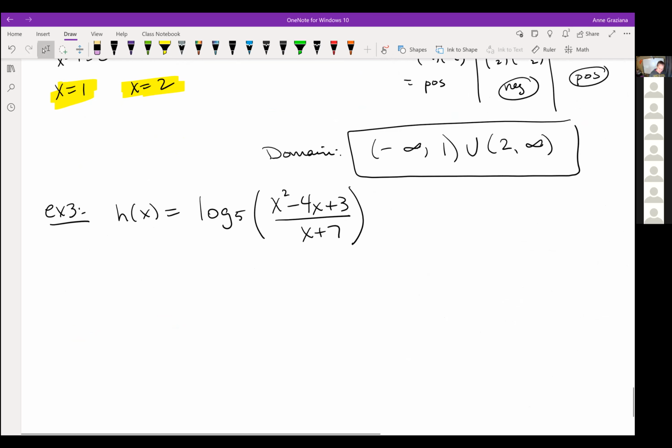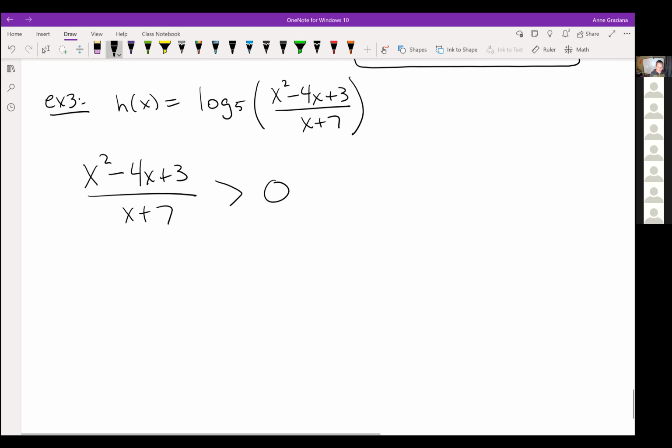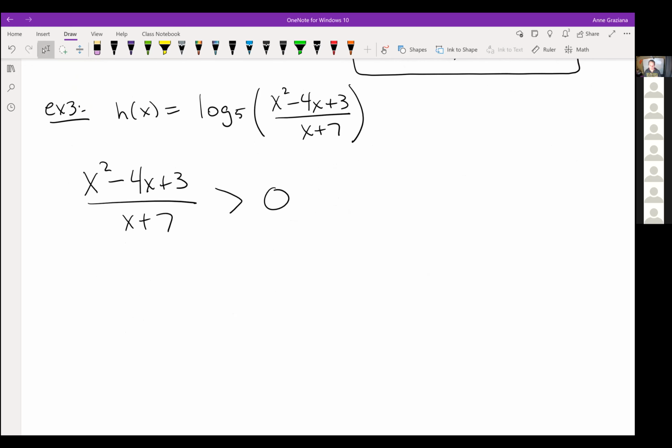So my inside has to be greater than 0. All right, so you take it away from here. Obviously, this is nonlinear. You need a sign chart. Go ahead and get it started.